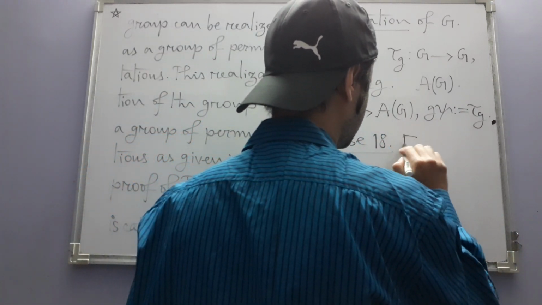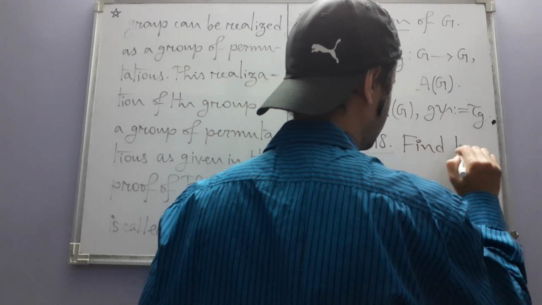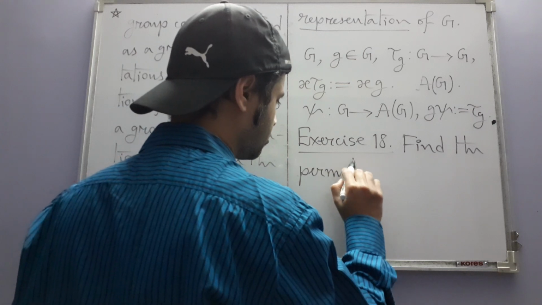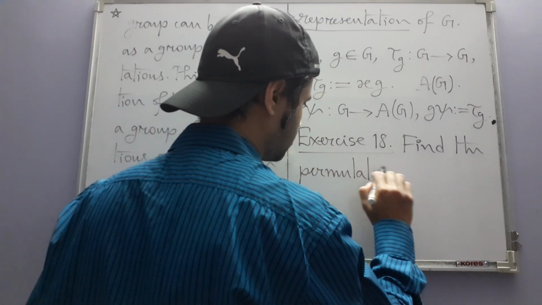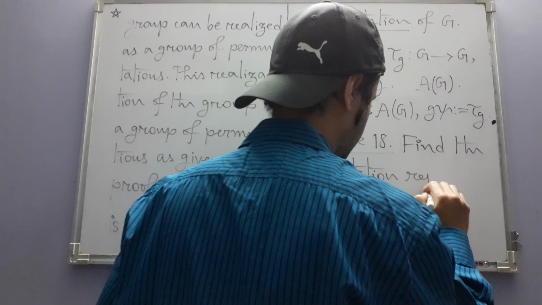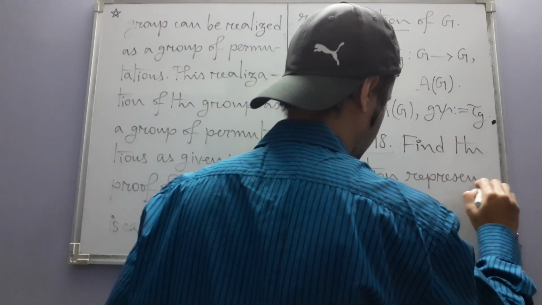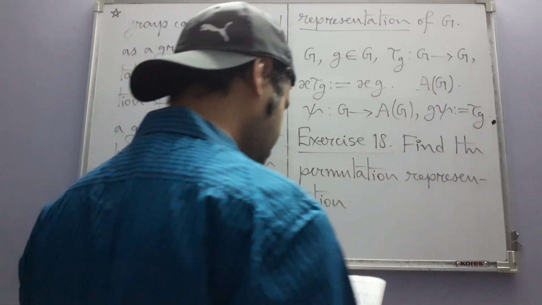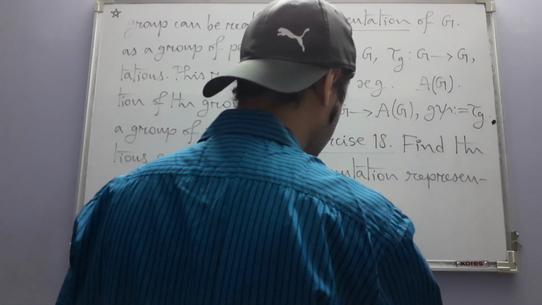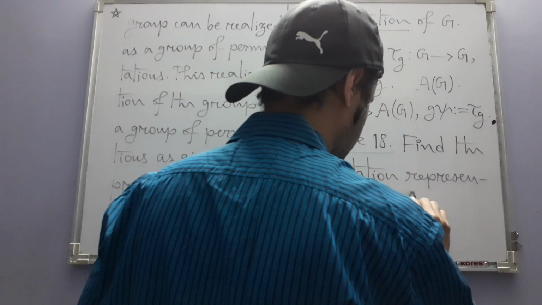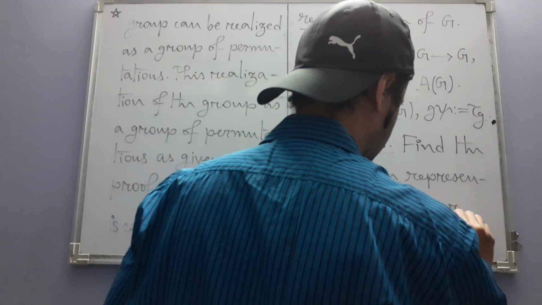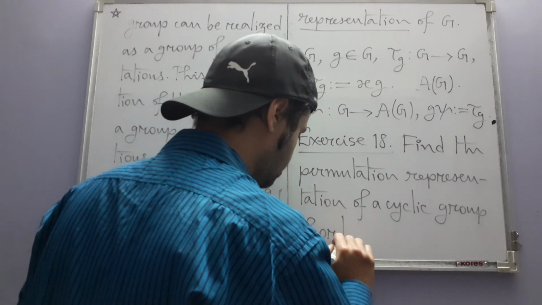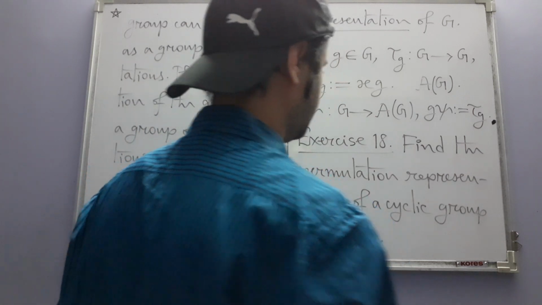Find the permutation representation of a cyclic group of order n.